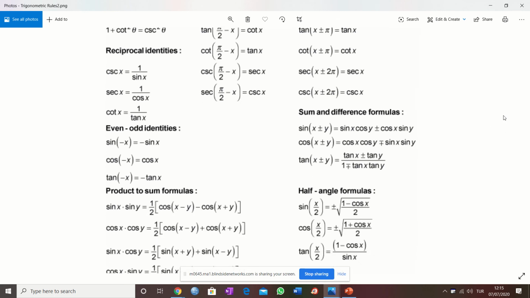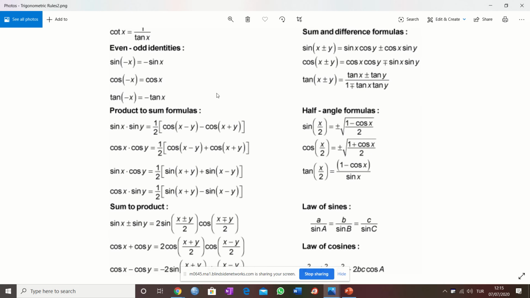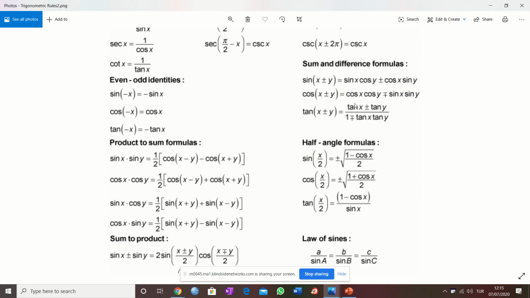We have seen this also in the PDF before. We have some rules, like the odd identities: when it is minus here, you can have this minus with the sine, and with cosine you have the same thing, and with tangent you have the minus sign. These were also other formulas that we have seen in Calculus 1 courses.